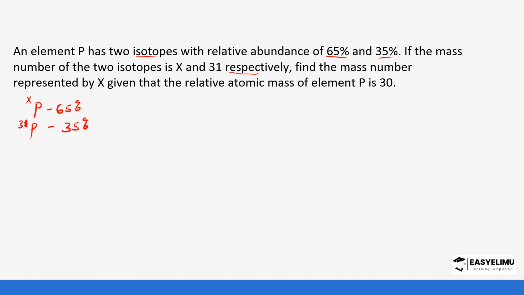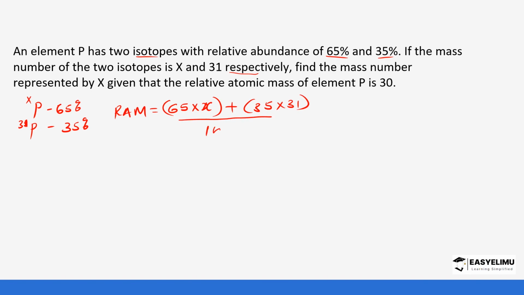So using that information, our relative atomic mass is equal to, we pick the percentage abundance 65 times the mass, which is X, and then we put a bracket, we add 35% times the mass, which is 31, and then we divide everything by 100.